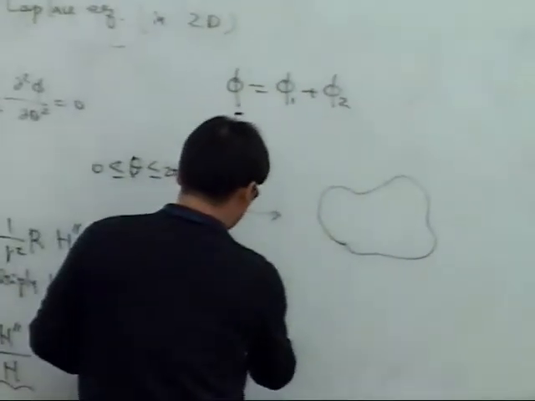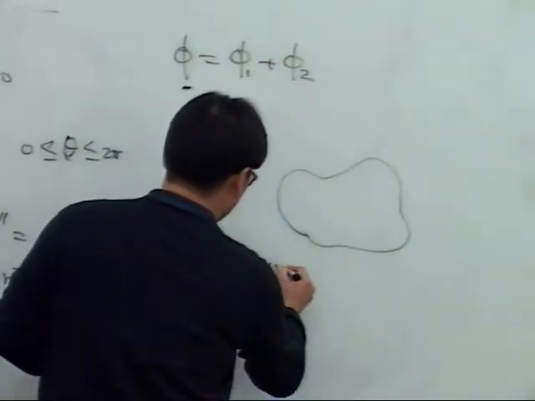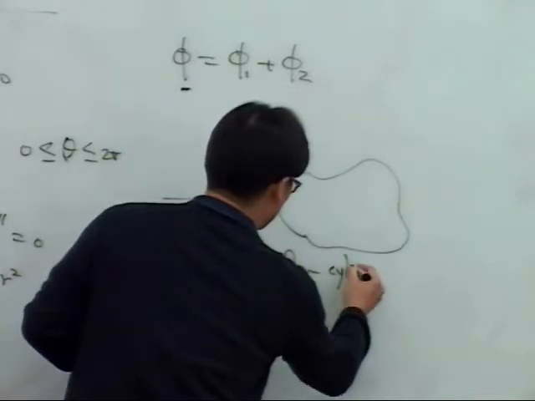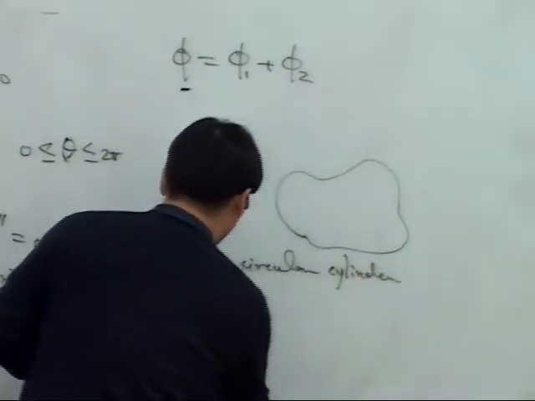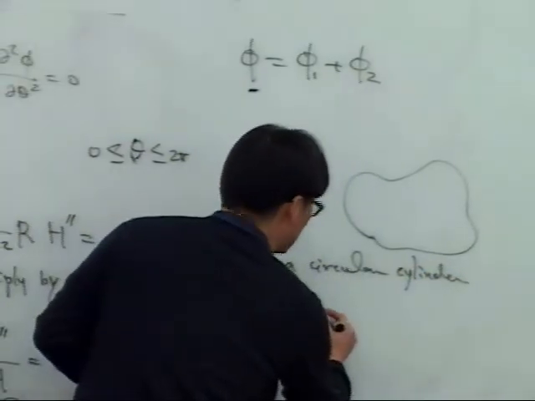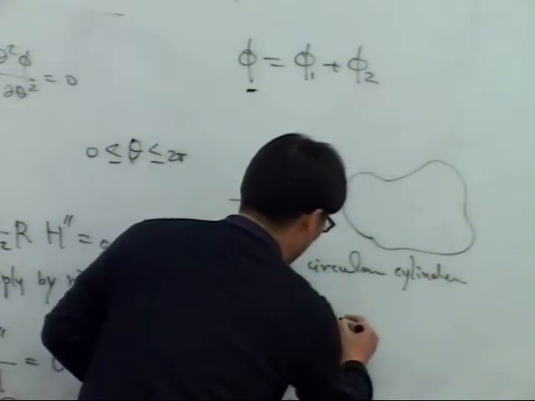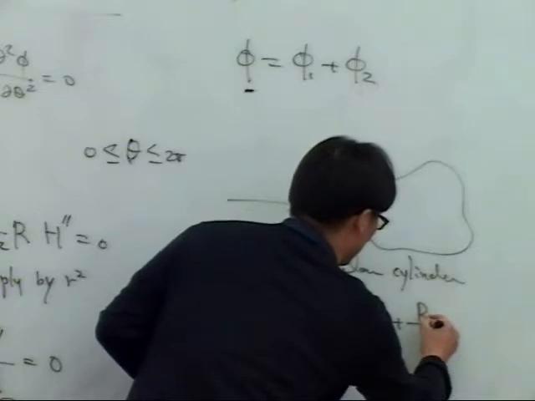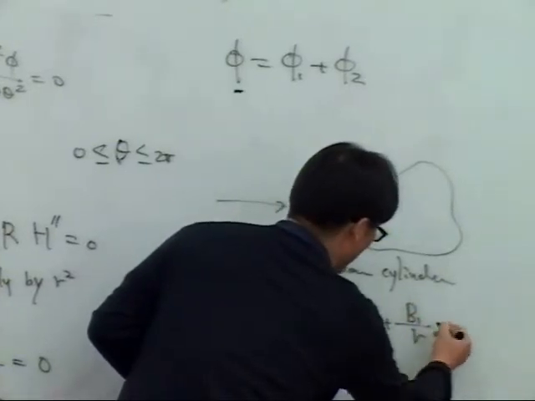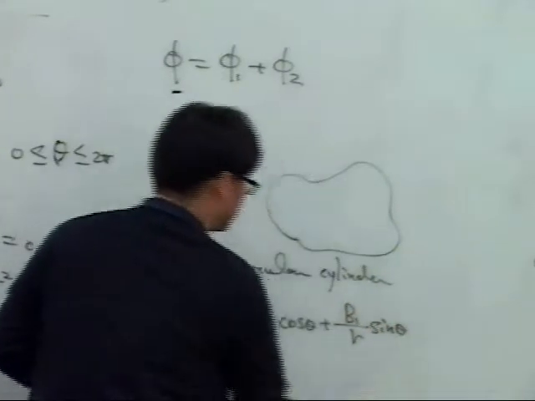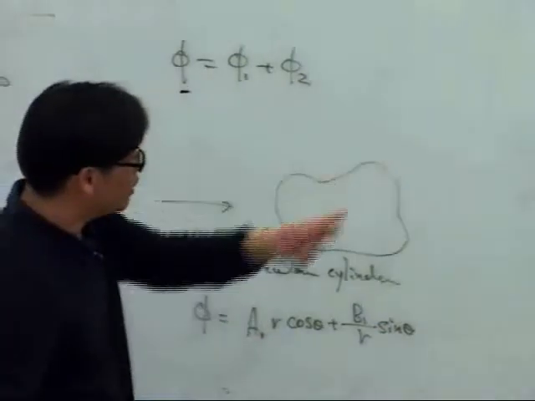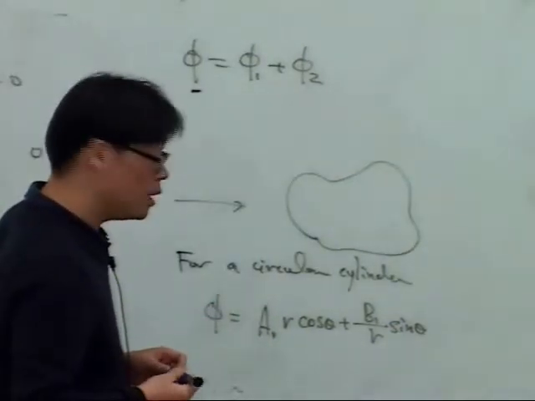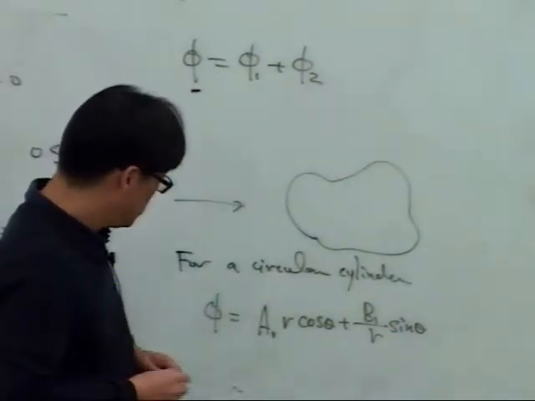So for a circular cylinder, we have phi, which is A1 R cosine theta plus B1 divided by R times cosine theta. That's it. We don't need the phi 2, any of those. So what is this?